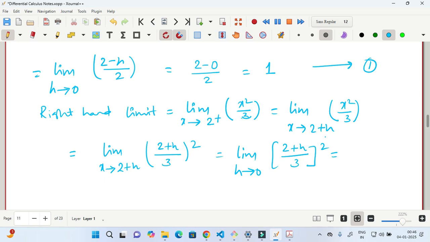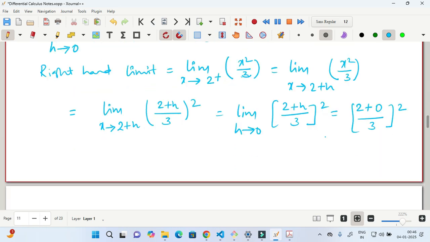So this is equals to (2 plus 0) by 3 whole square. 2 by 3 whole square is what? 4 by 9. This is equation 2.